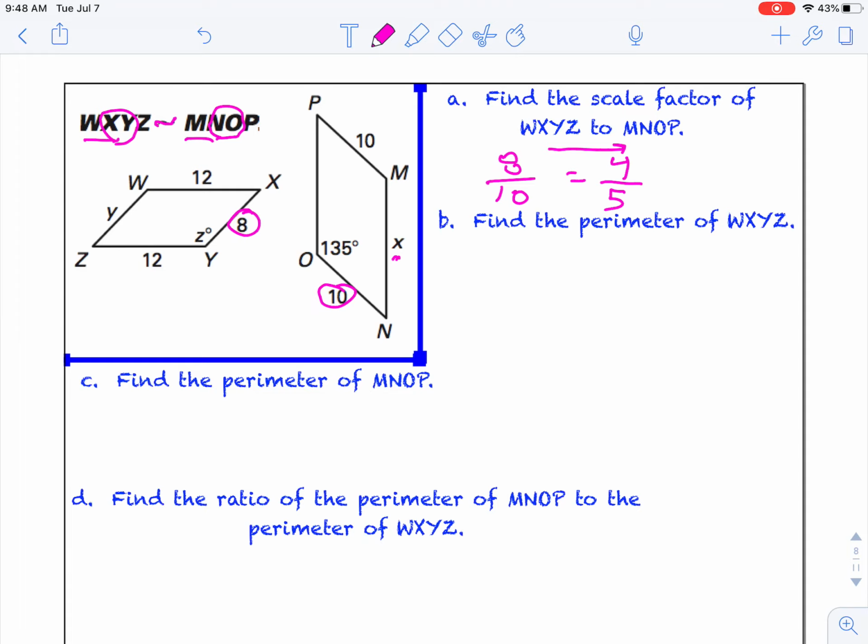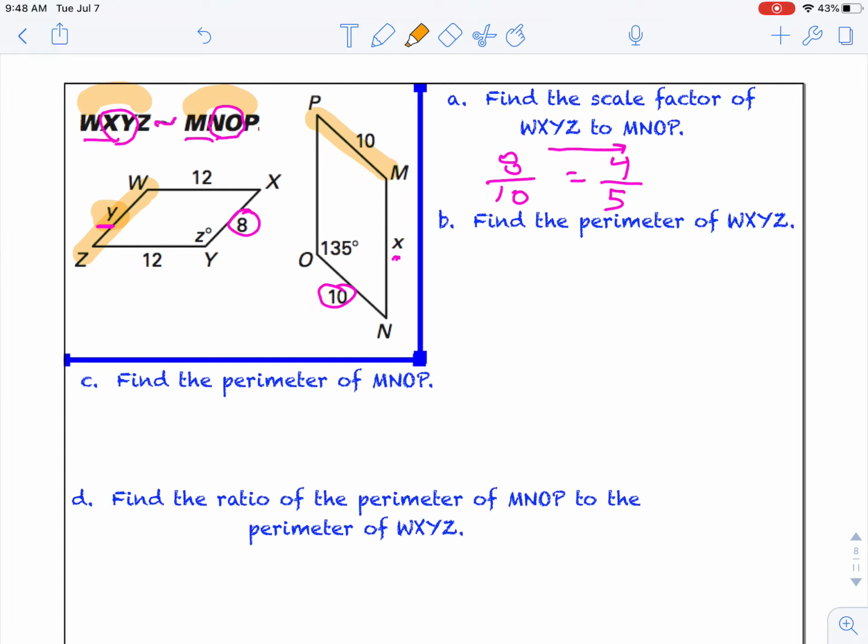So now let's find the perimeter of WXYZ. Well, in order to find the perimeter, I need to find this side Y right here. Well, side Y right here corresponds to WZ. So WZ would be the same as MP. So MP right here is 10.